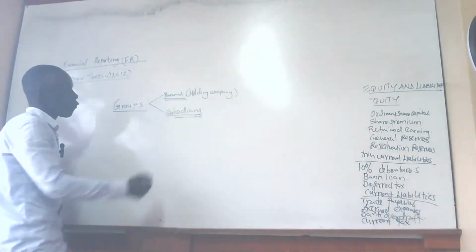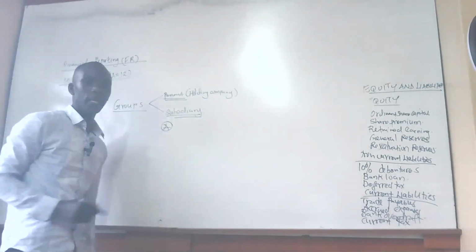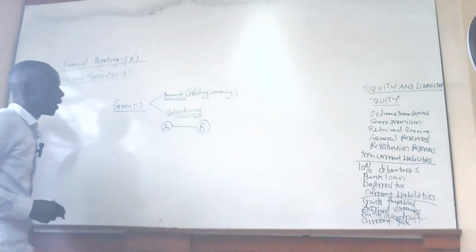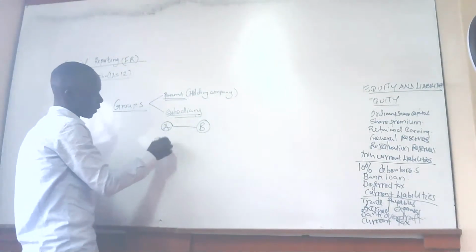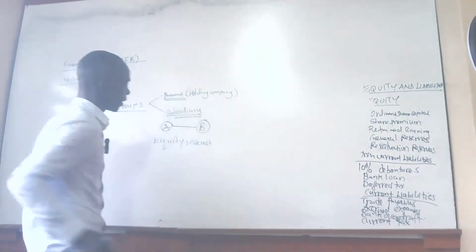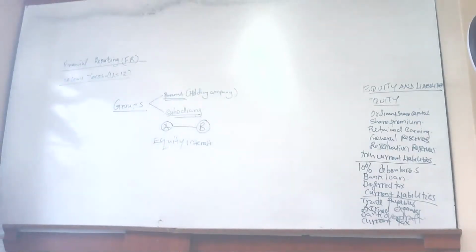What do I mean? For example, if you had company A, and here we have a company B. Let us talk about the equity interest. We call it equity interest, or we can talk about the ordinary shares.